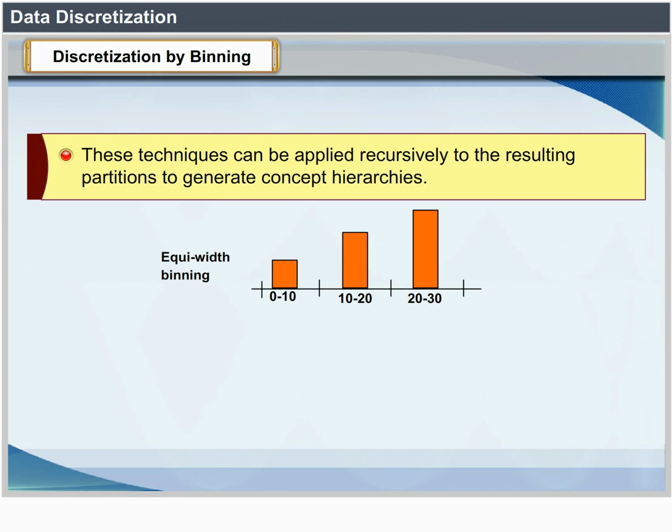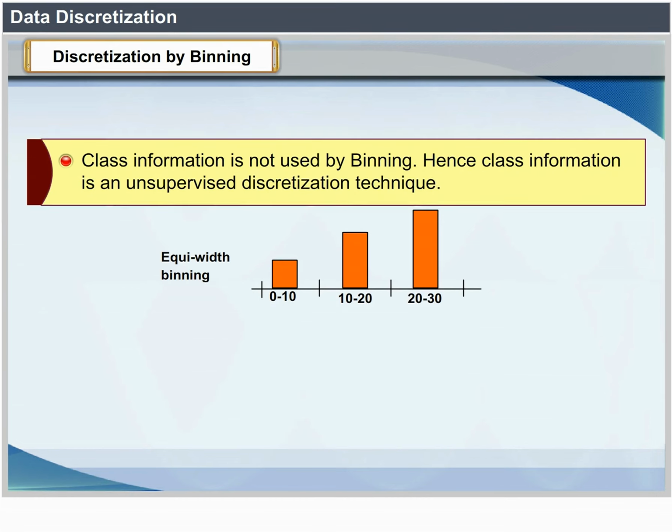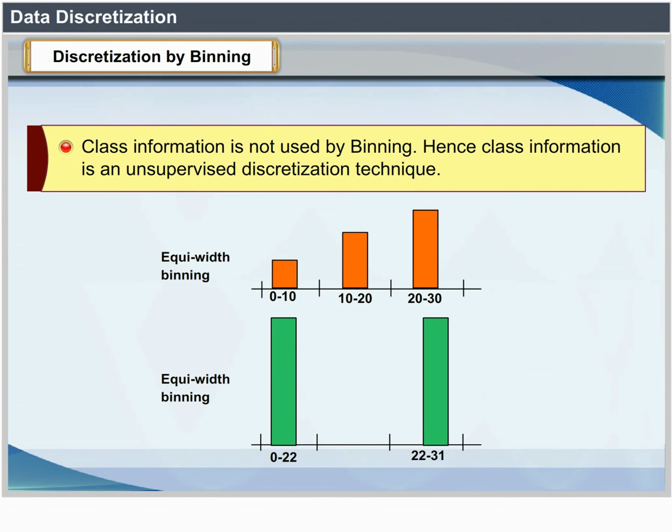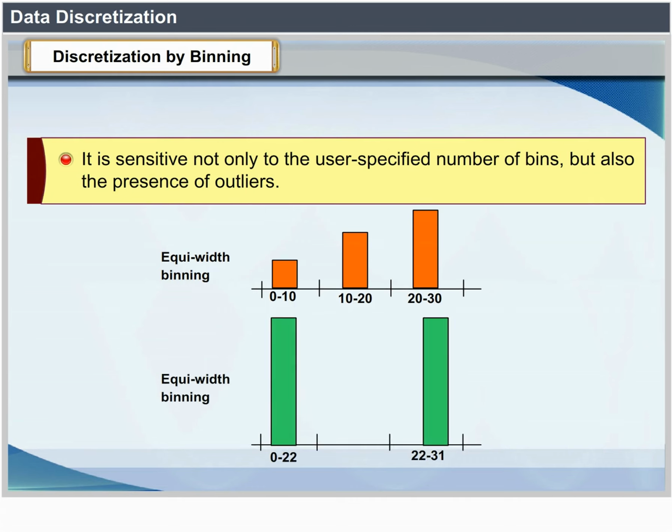These techniques can be applied recursively to the resulting partitions to generate concept hierarchies. Binning does not use class information and is therefore an unsupervised discretization technique. It is sensitive to the user-specified number of bins as well as the presence of outliers.